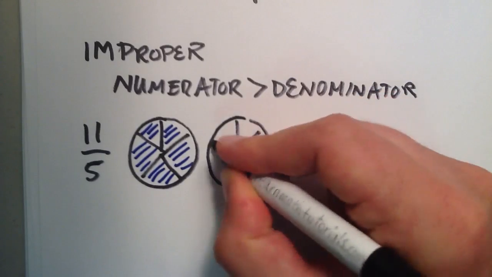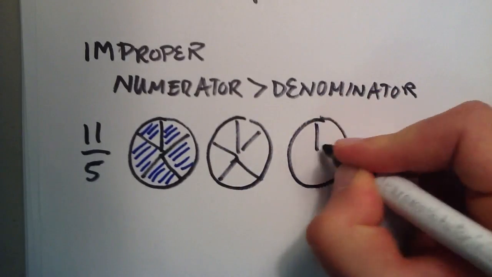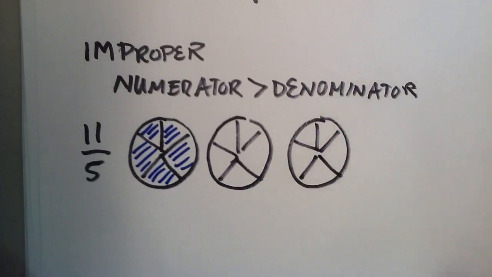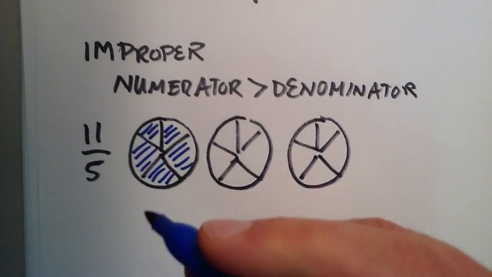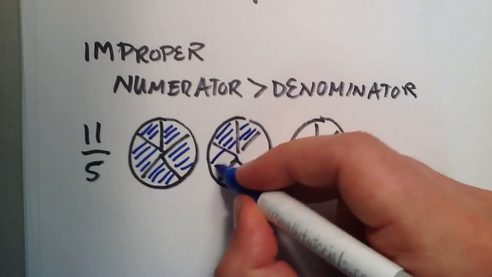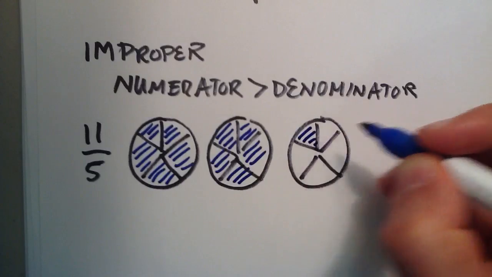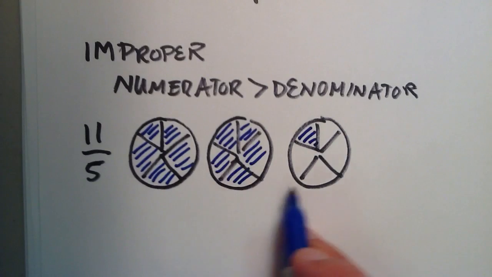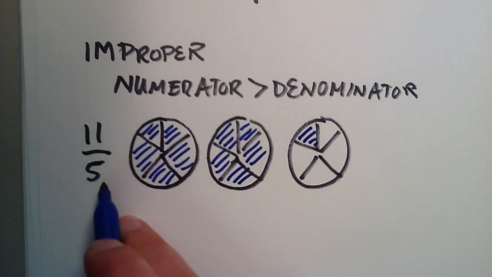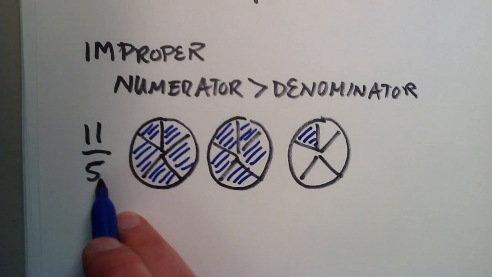We'll break that apart, and I'm just going to go ahead and draw a third circle because we're going to need it. So we were at 5 here, so here's going to be 6, 7, 8, 9, 10, 11. So this diagram represents the fraction 11/5. Now like I said, 11/5 is an improper fraction.